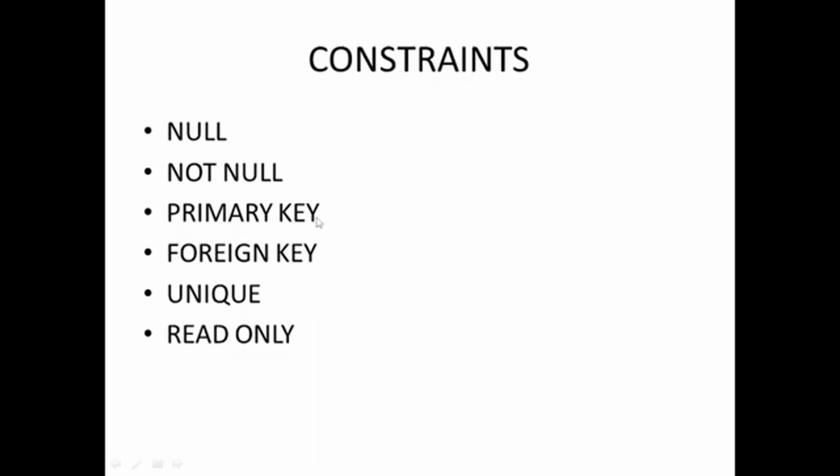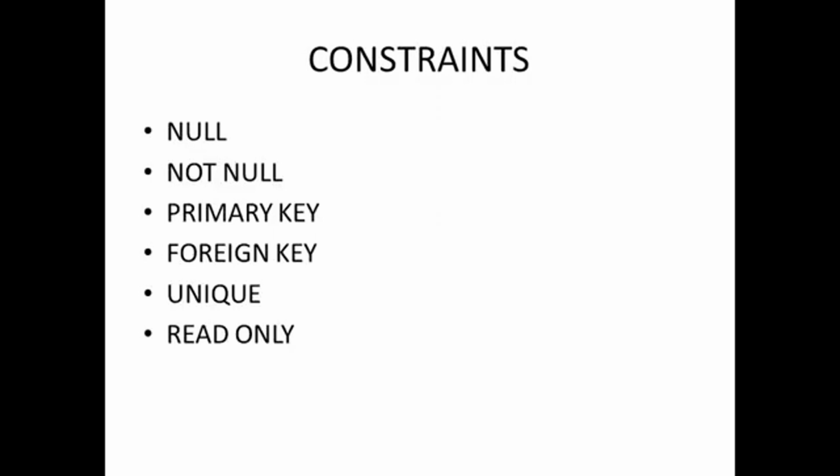And then unique. A primary key by definition is a unique identifier, and there's another constraint that we call unique. You can have a column that has unique data.